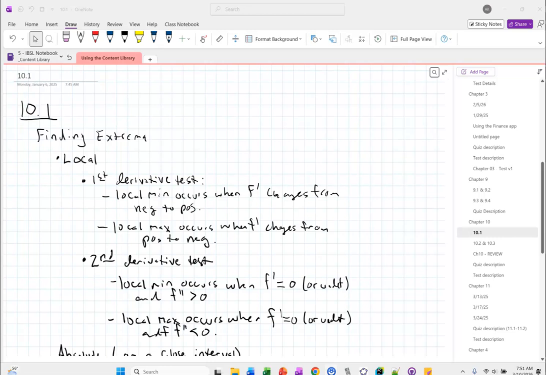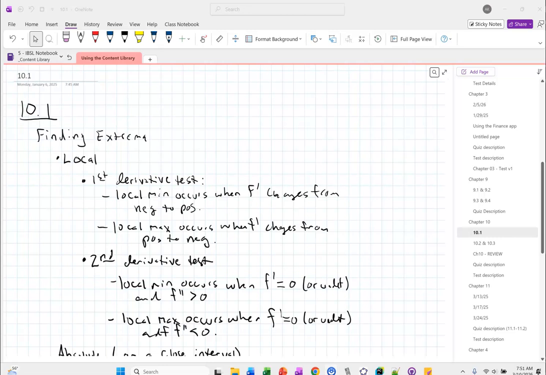There's maxima and minima. A maximum occurs when a graph changes from increasing to decreasing. So if we put it in terms of calculus, the graph is increasing when its derivative is greater than 0, and it's decreasing when its derivative is less than 0.